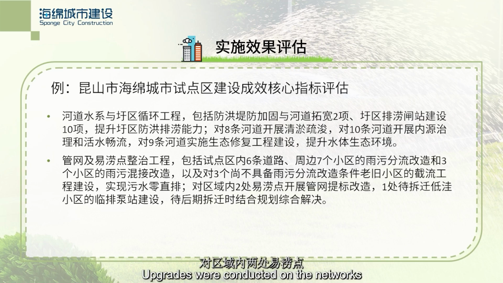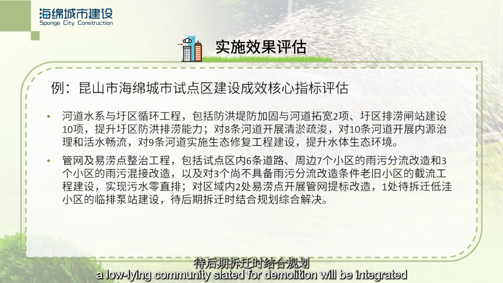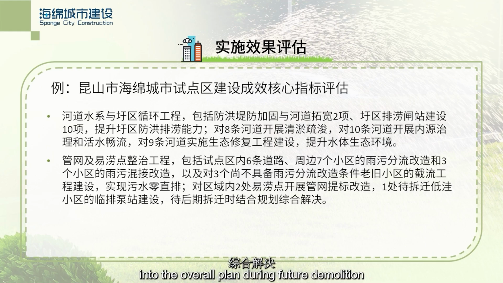Upgrades were conducted on the networks of 2 flood-prone points in the area, the construction of a temporary drainage pump station, and a low-lying community slated for demolition will be integrated into the overall plan during future demolition.